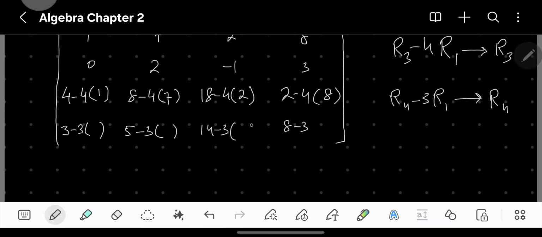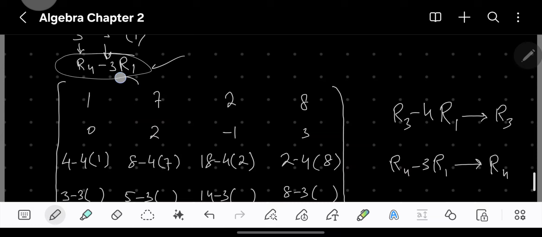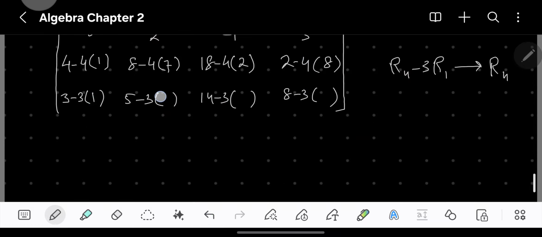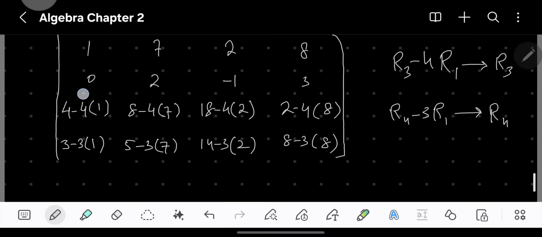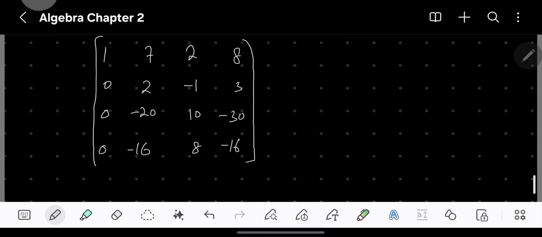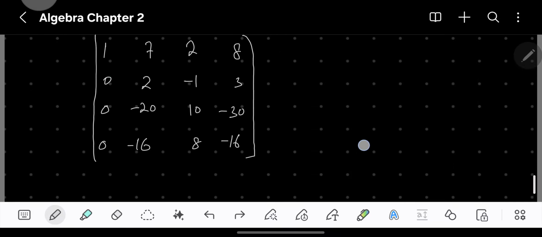R1 is 1, 7, 2, 8. Perfect. Now I will just use a calculator to simplify these. After simplification, I'll get this matrix.